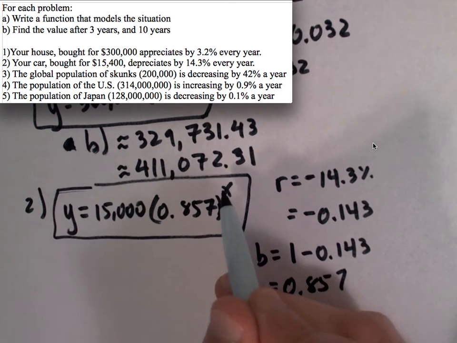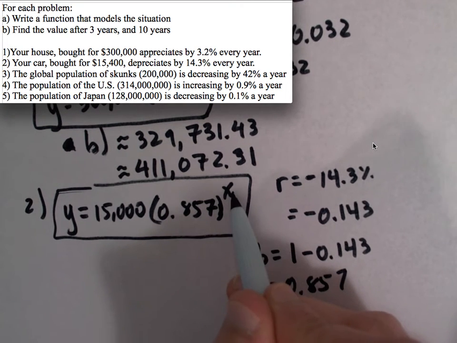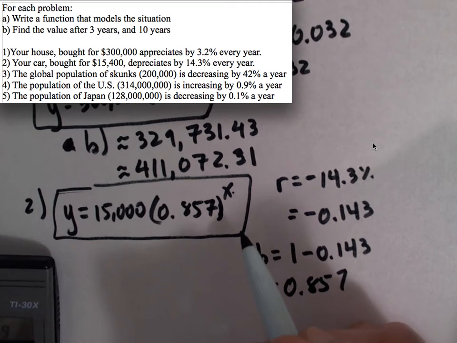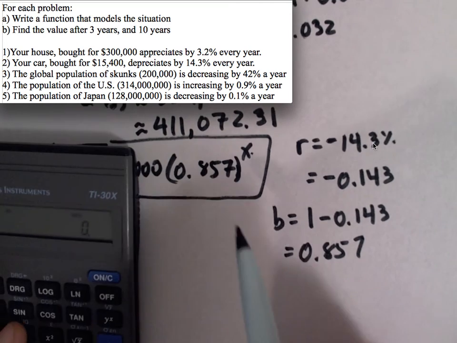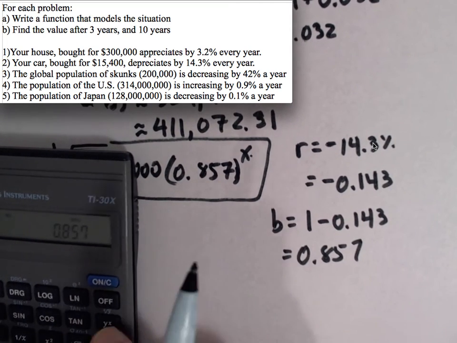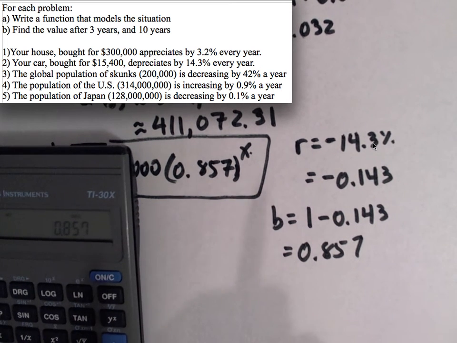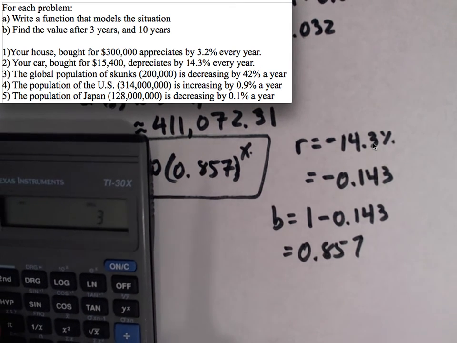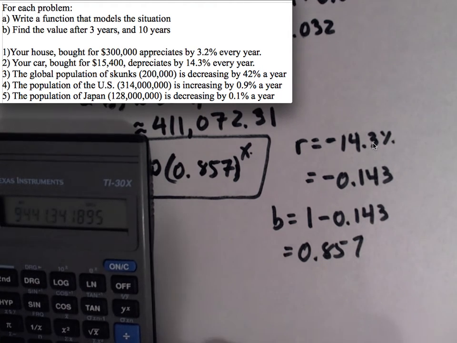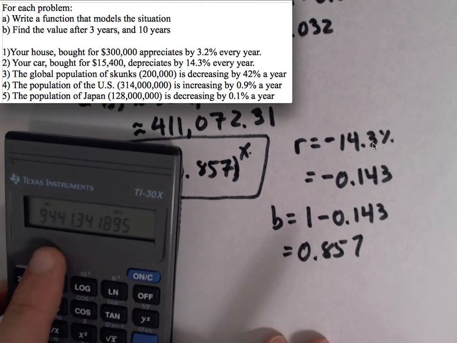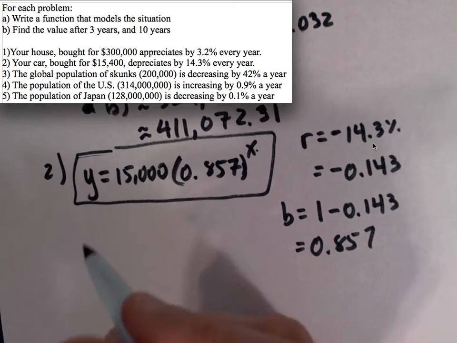All right, so we've got our function. Let's calculate it after 3 years, so x equals 3, and then 10 years, x equals 10. So 0.857 to the third power, and I'm going to multiply that by $15,000. That's $9,441.34.